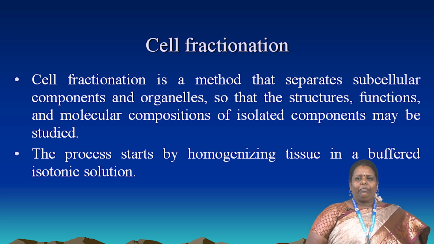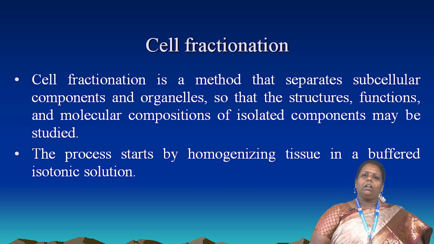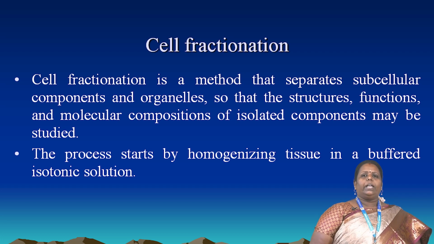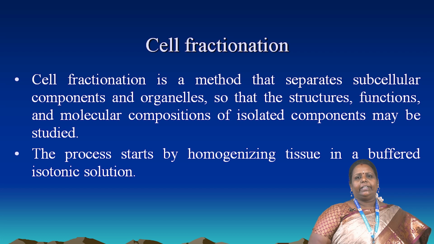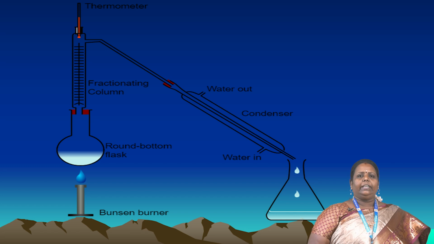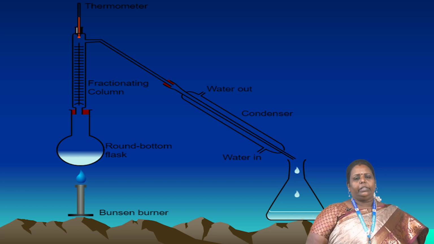Normally, this process starts by homogenizing the tissues in a buffered isotonic solution. What material do we use for homogenization? A mortar and pestle. After that, we identify the cell fractions. This diagram also shows how we fractionate the cell from the tissues. We have to use some procedures.